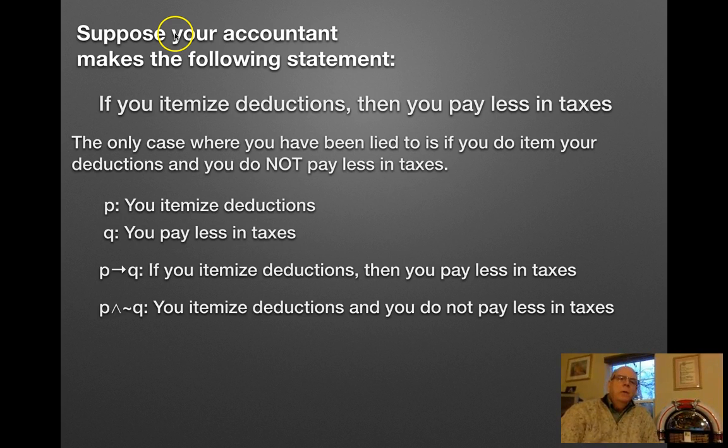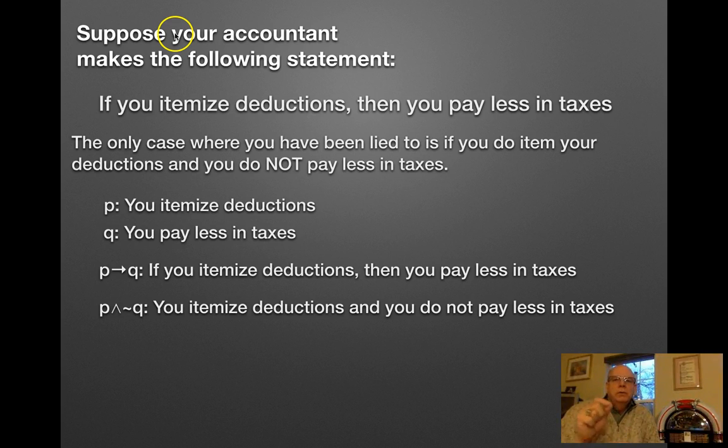Then we want to compare it to this, our and statement of the negation, where the lie would be. The lie would be if you itemize your deductions and you do not pay less in taxes. We want to translate that symbolically.